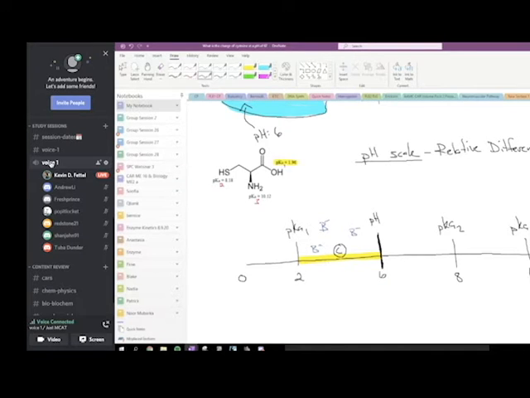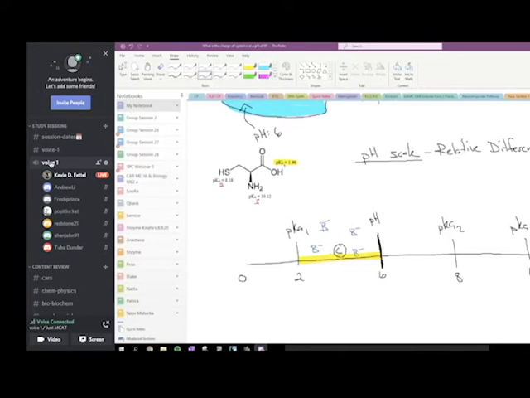And what do bases do? Anybody? What does a base do? Hydrogen acceptors? Yeah, they're hydrogen acceptors. They're going to take hydrogens away from things, typically from an alpha carbon, because they want to get neutral.